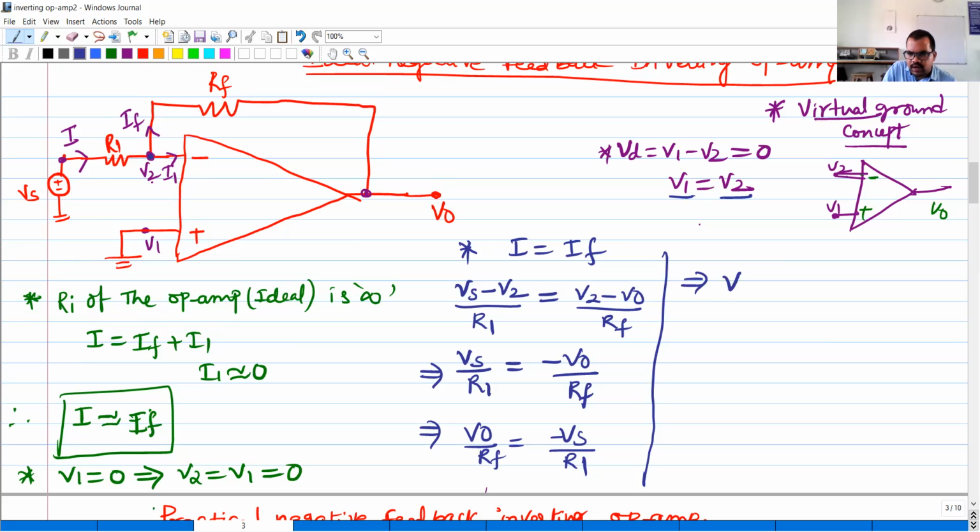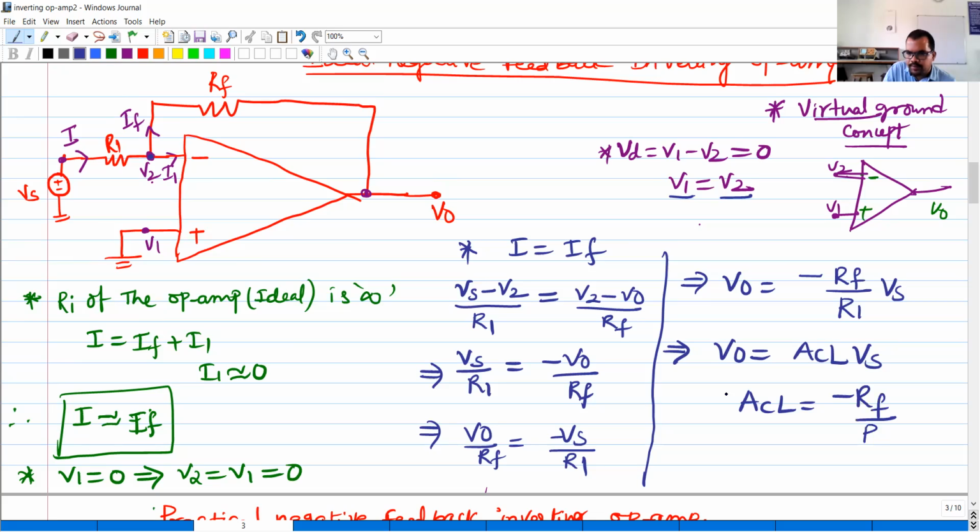Here V naught is equal to minus RF by R1 into applied voltage Vs. This equation can also be written as V naught is equal to ACL into Vs, where ACL is equal to minus RF by R1.